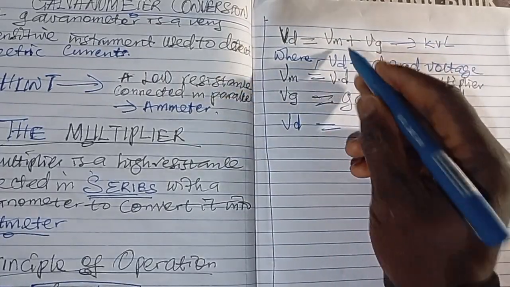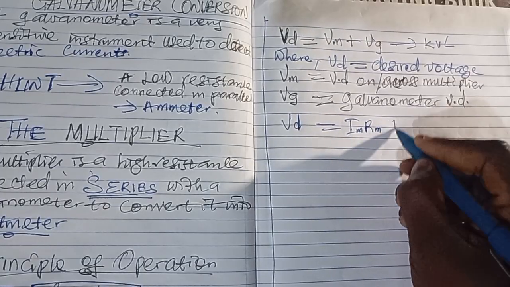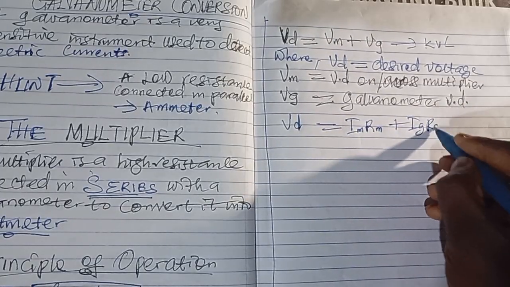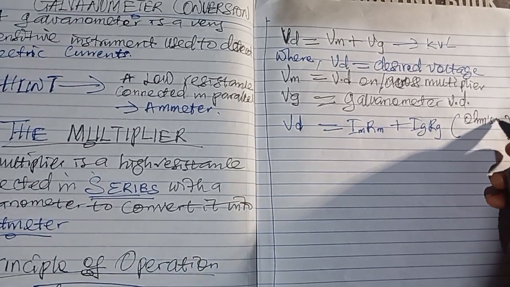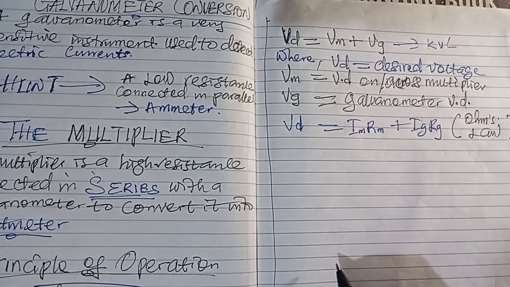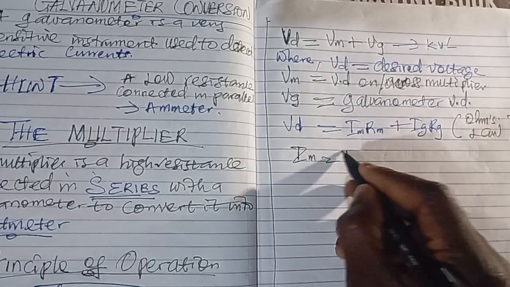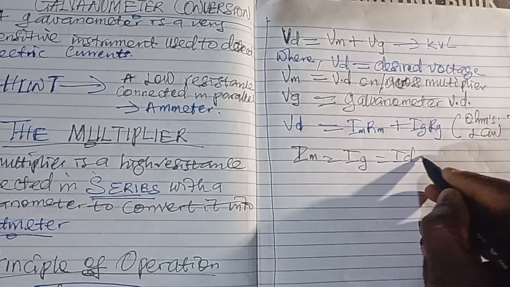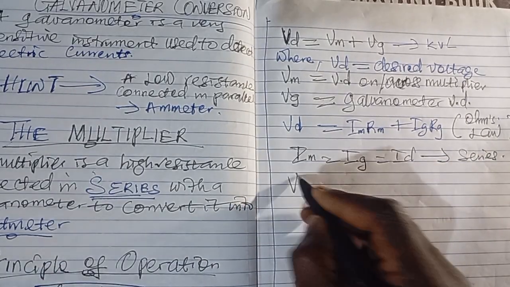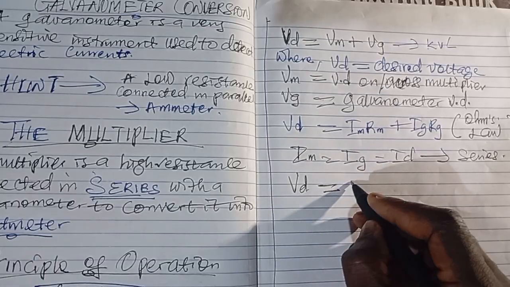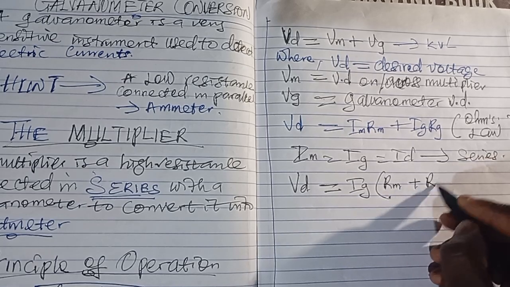So from this relationship, which is KVL, we can introduce Im multiplied by Rm plus Ig multiplied by Rg, from Ohm's law. Now, since Im is equal to Ig equal to Id, that is the series current, we can now have that Vd is equal to Ig times (Rm plus Rg).